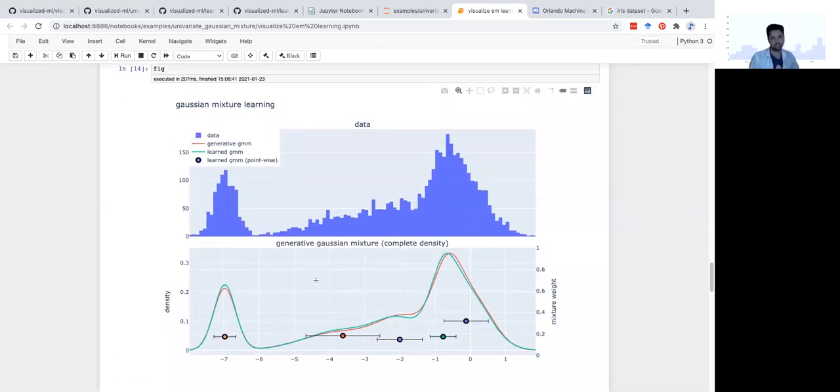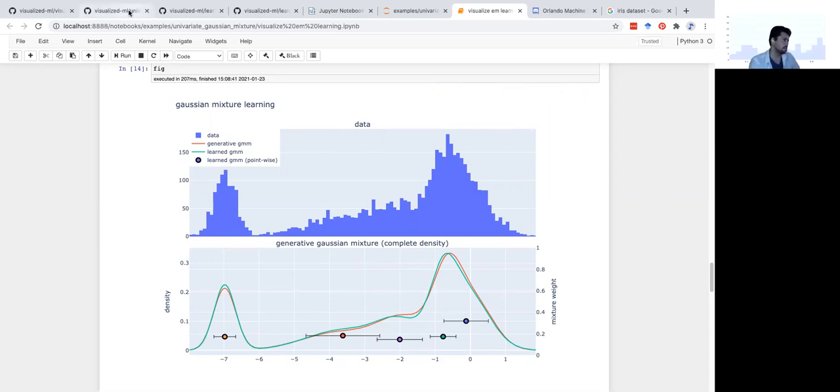Overall, how I've structured things is in this Jupyter notebook, I have a Plotly figure that I am updating the data in. And then I made a Python package where I've implemented my source code, where I defined a class for a Gaussian mixture, and then also a method for implementing this algorithm for updating the Gaussian mixture.